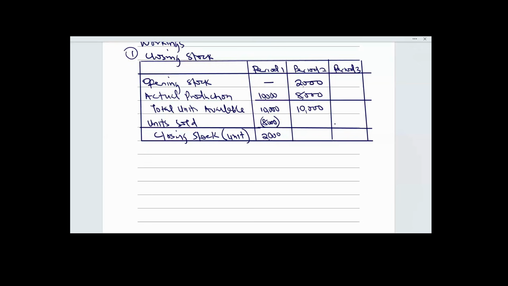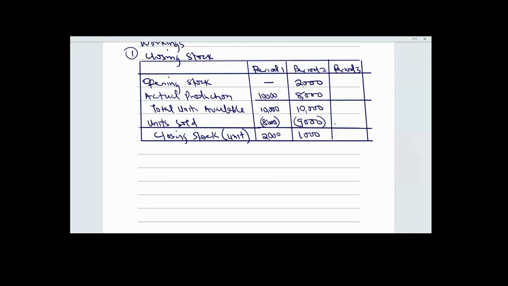So in the second period, how many units were sold? 9,000. 10,000 minus 9,000 will give us 1,000. So the unit unsold in the second period is 1,000.